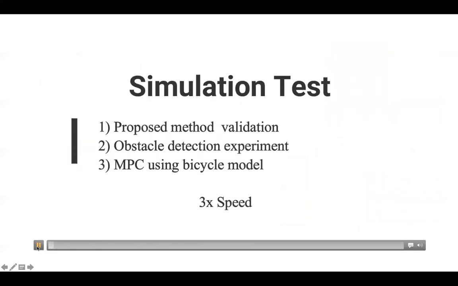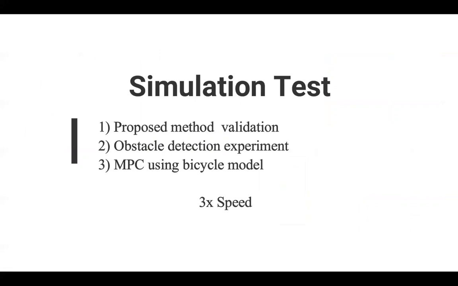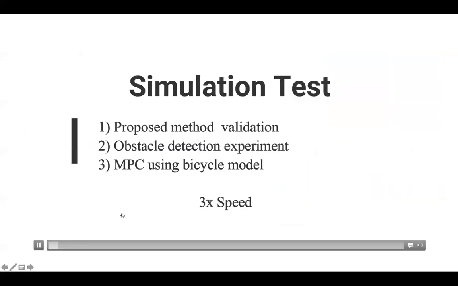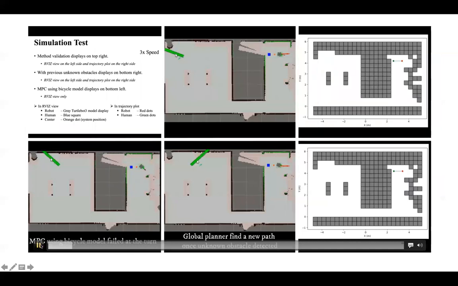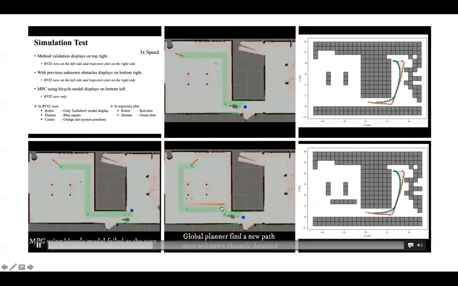And next, I would like to share a video here. First is the simulation test. So here is the simulation. This uses the bicycle model, and this has some unknown obstacle, so it fails here. Now it detects the unknown obstacle and is able to replan, and this is just a normal case.